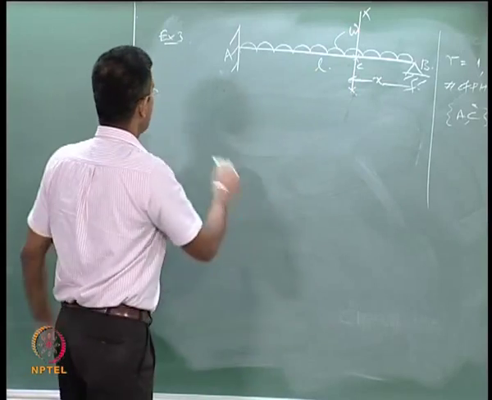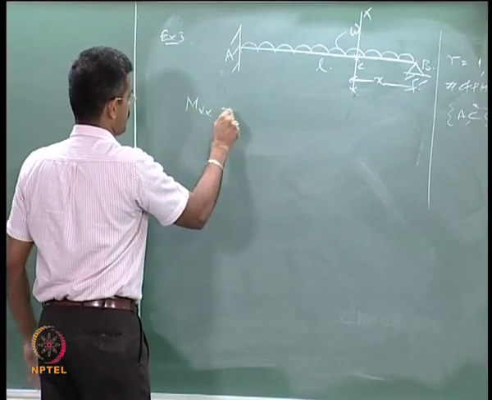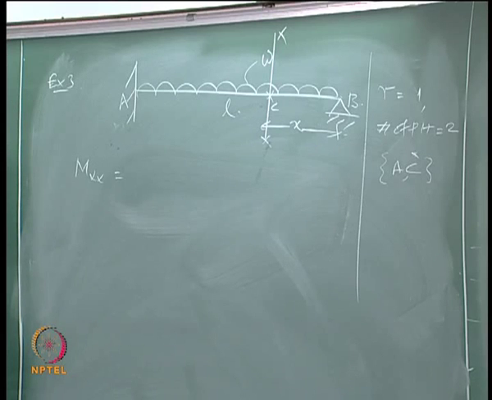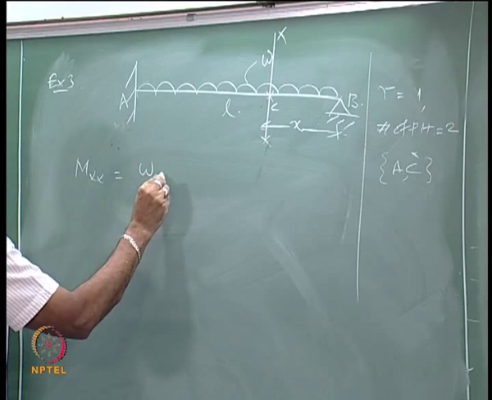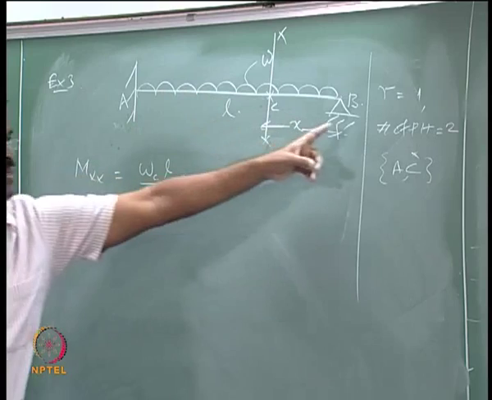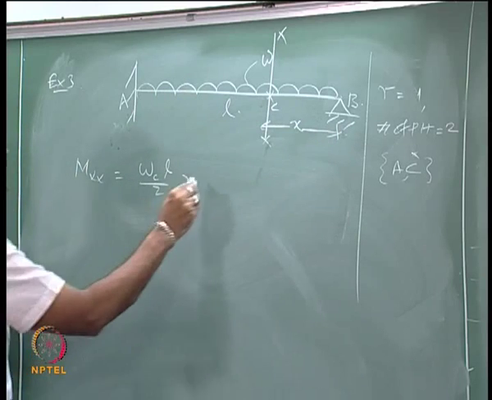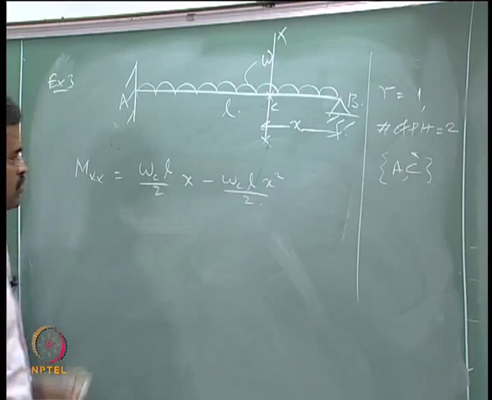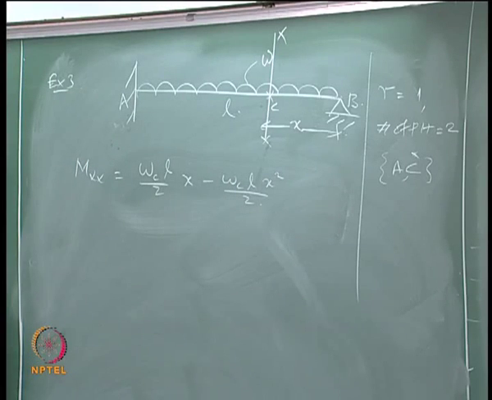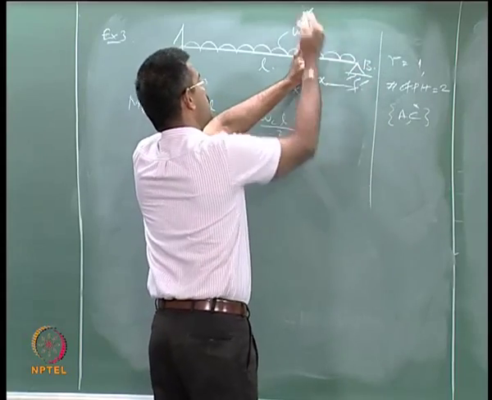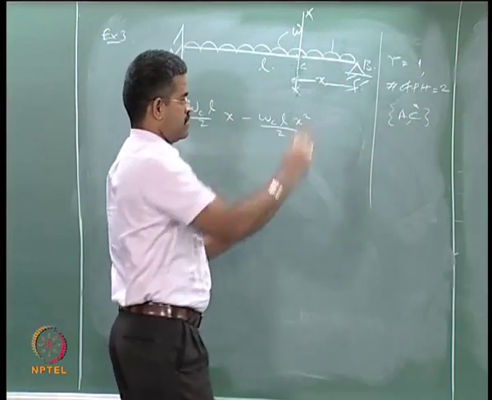So let me do the bending moment at xx, which is WC L by 2 into x, that is the reaction here, minus WC L x square by 2, that is the bending moment at x, any section. Okay. Section, look at the right, the reaction multiplied with the distance and this value multiplied with the distance.